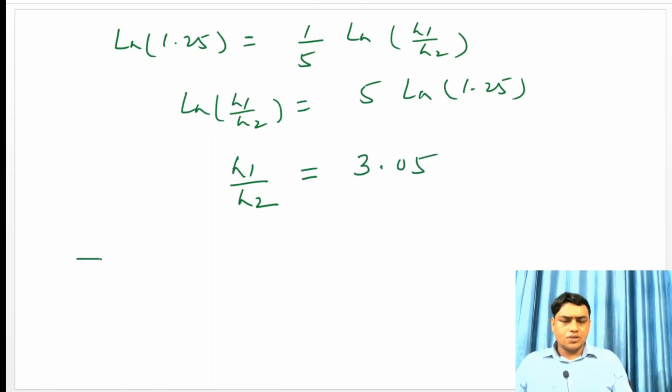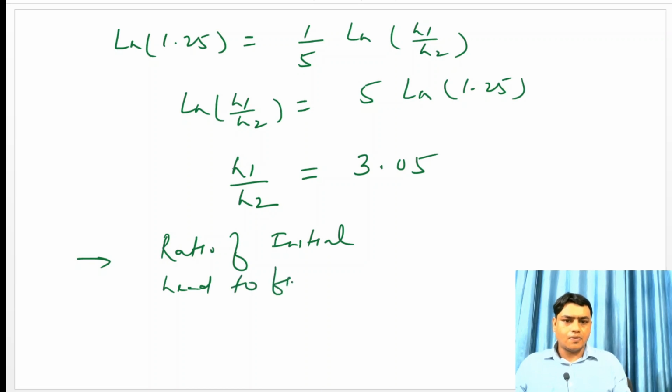So the ratio of initial head to final head in specimen 2 is equal to 3.05.